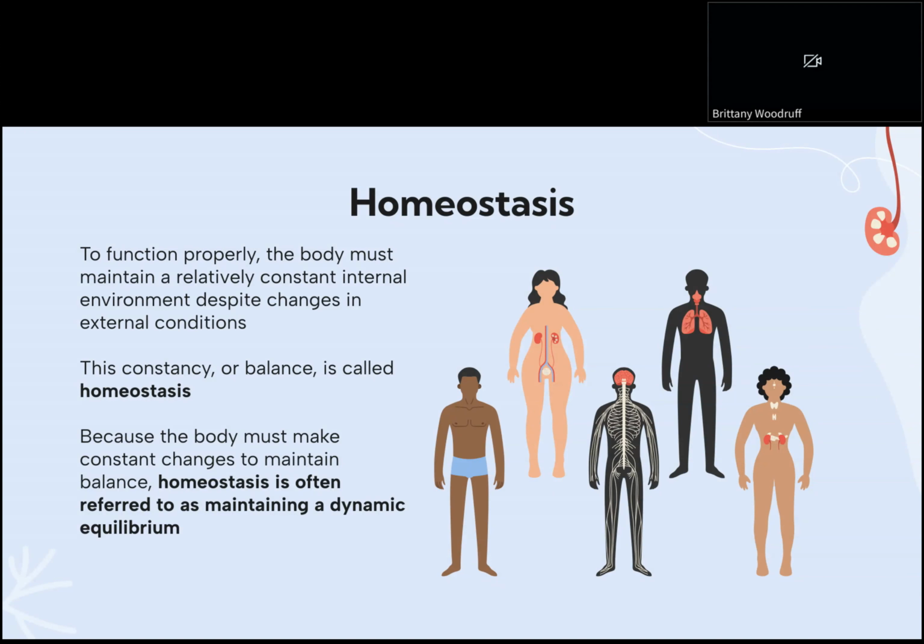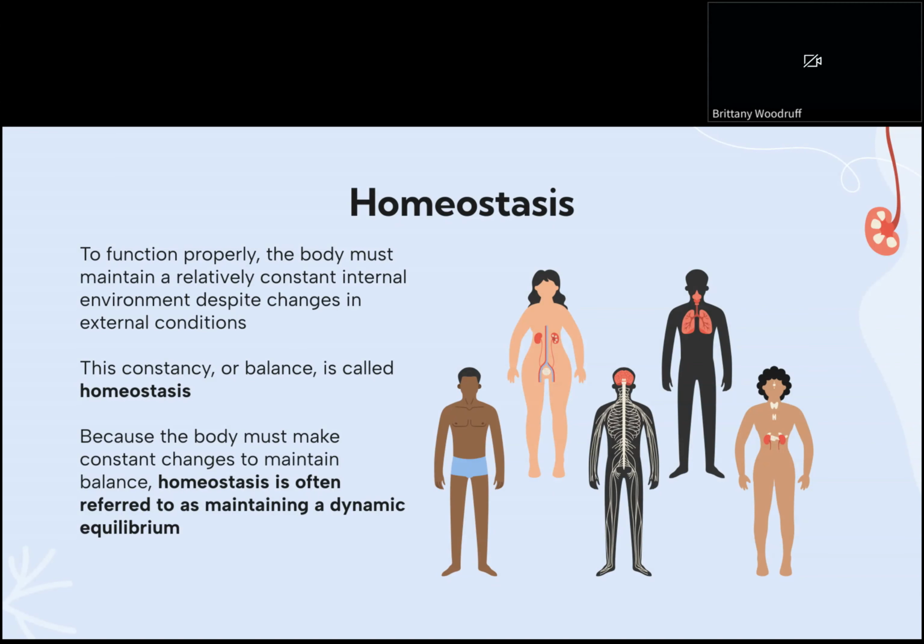What it means is that you are trying to stay within a certain range. This dynamic part means nothing in your body stays exactly where it needs to be all the time. For example, your temperature is not going to stay at 98.6 always, but you want to have it around 98.6. We'll talk more about temperature in a minute.